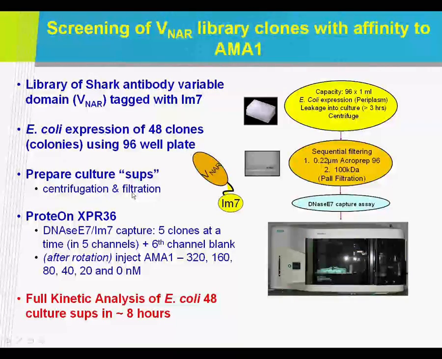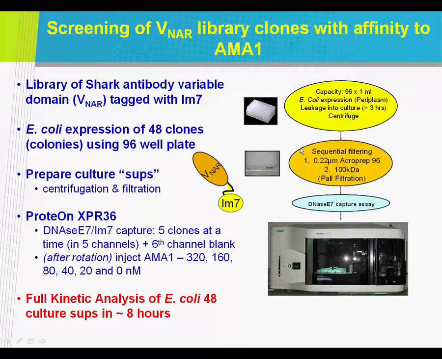So this is the raw data generated from this experiment, and as you can see, it ranges from no response to very good response. Now, the no response, we subsequently found out that these clones were non-expressing at all, because we just randomly picked a colony and that clone didn't express. And the reason for no expression was that, which is a common thing in phage display, sometimes you can get a mutation that will truncate your protein expression.